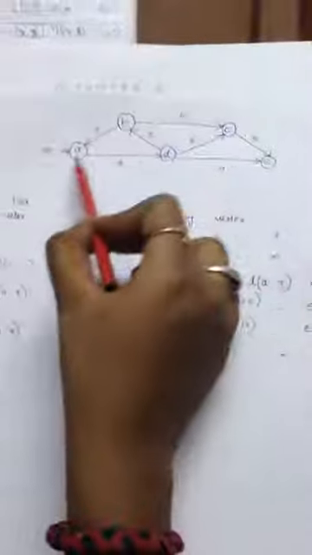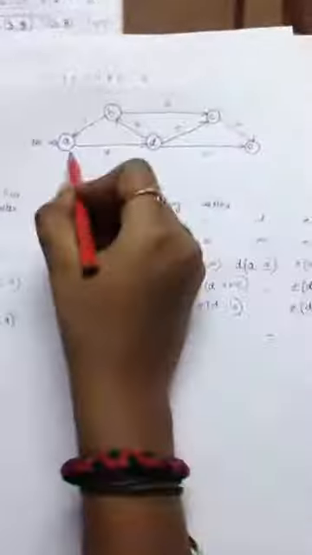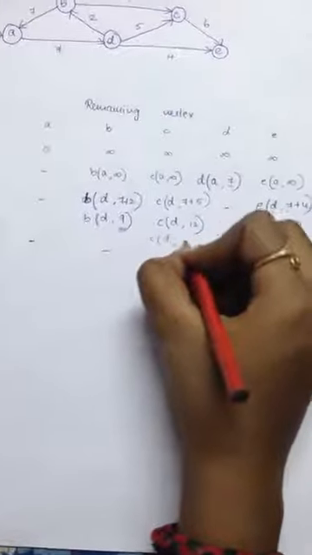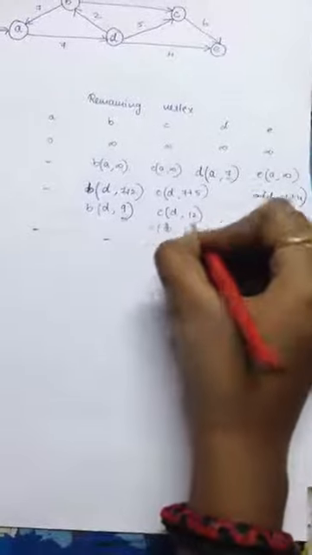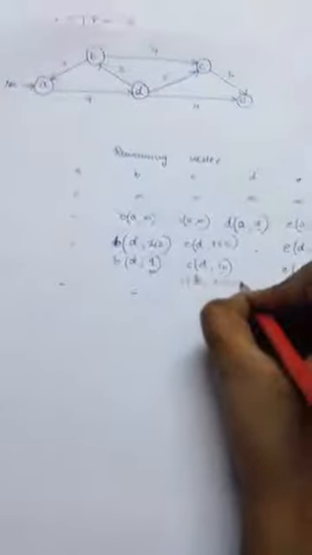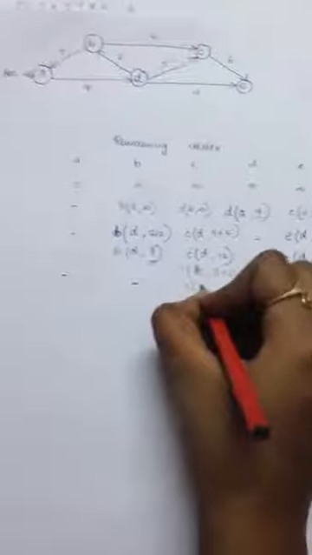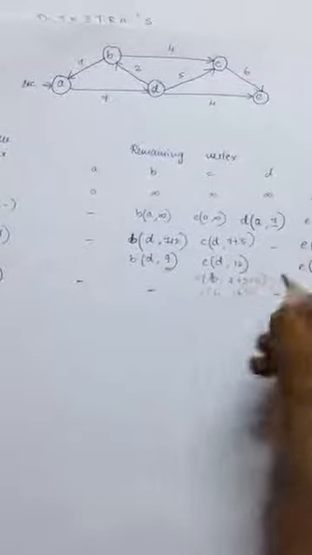When you want to access C from A, D, B: A to D will be 7, B to D is 2 plus B to C is 4. This will give us 13.